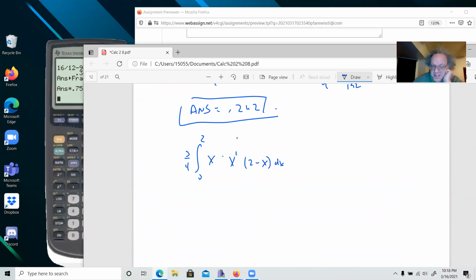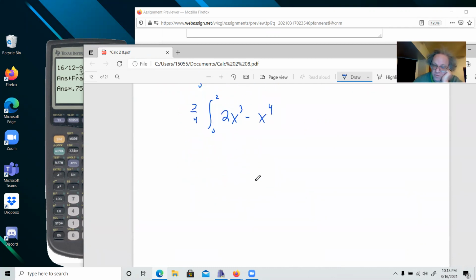This is nice. So that's going to be 3/4 integral from 0 to 2, because we're integrating the whole thing. x times x squared is x cubed. That's going to be 2x to the 3 minus x to the 4. All right. And we'll just go crank through this, right?